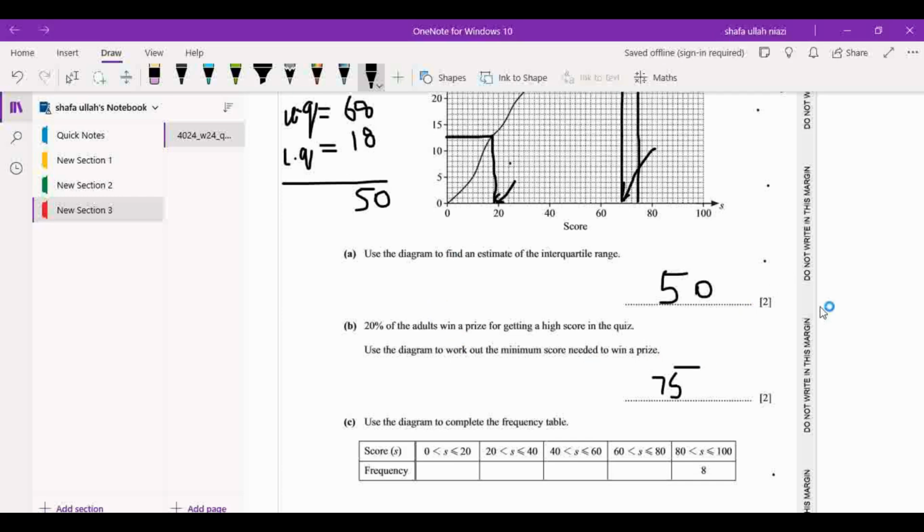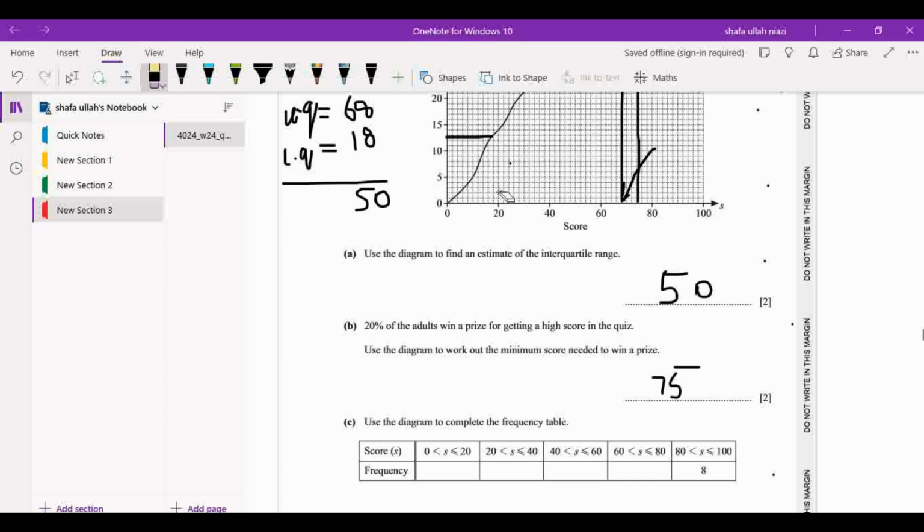So next, we have to put values. Score is 0 to 20. 0 to 20 is here. This score 20 is here.